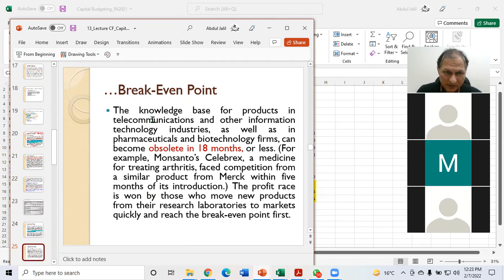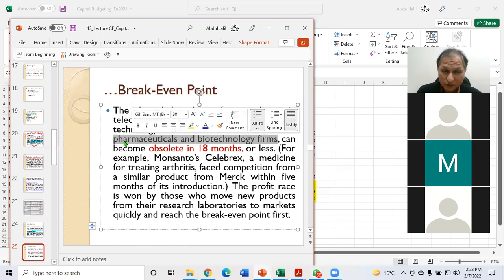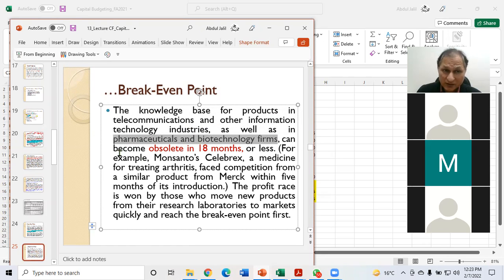Just like this example is given, the knowledge-based products in telecommunications and other information technology industries, as well as pharmaceutical and biotechnology. So this is also important. It's not only happening in the technological industry, but also in pharmaceutical and biotechnology firms, right?